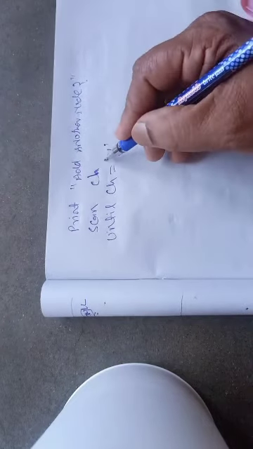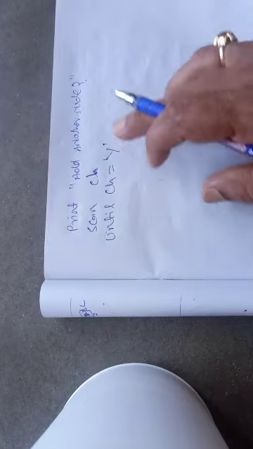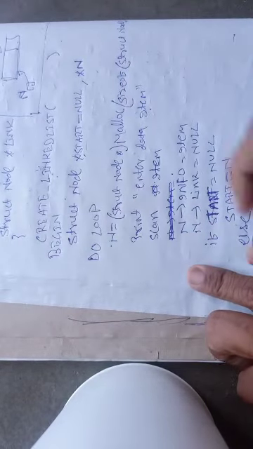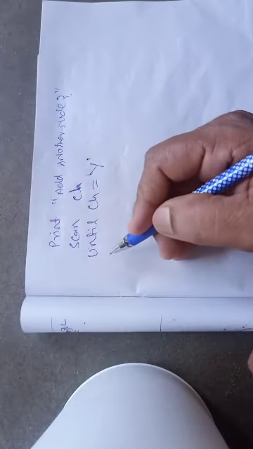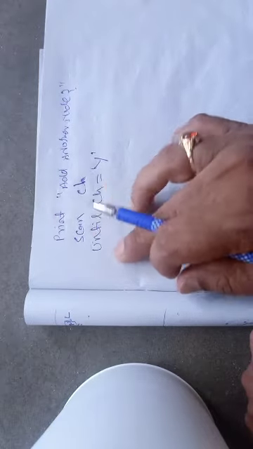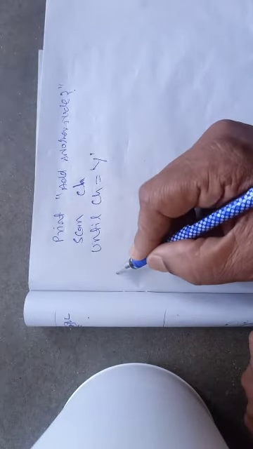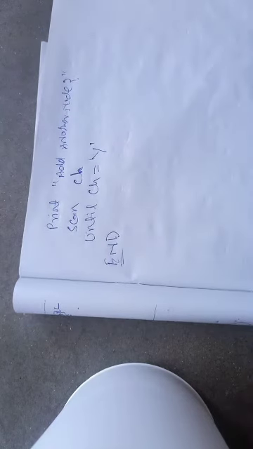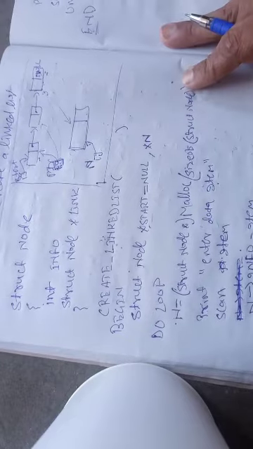So as long as choice is yes, I'll go back to this statement and create another node, and again all these steps will be conducted, and then this will be printed. Okay, so this is the last step of my creation. This is how a linked list has been created, and finally I'll write end to mark the end of the loop. Now guys, let us understand this entire concept with a diagram.